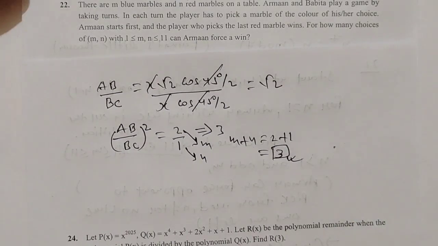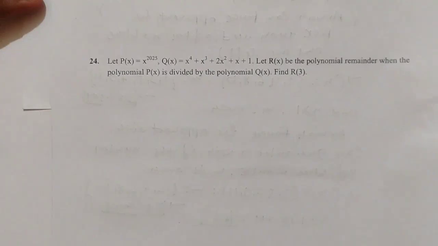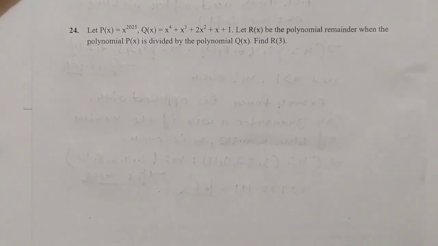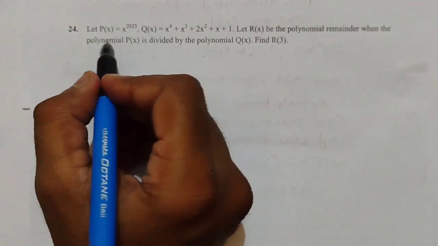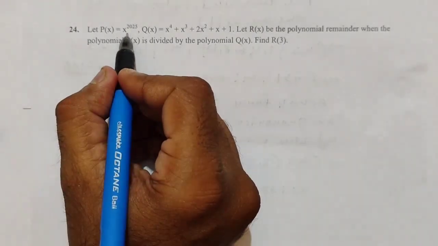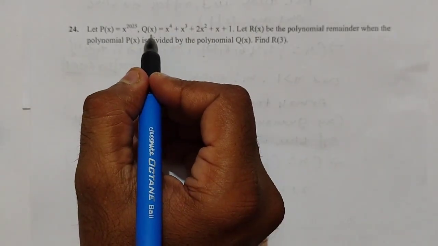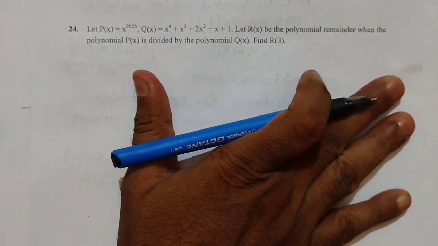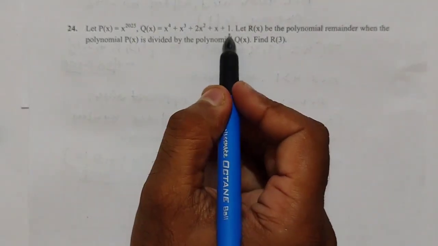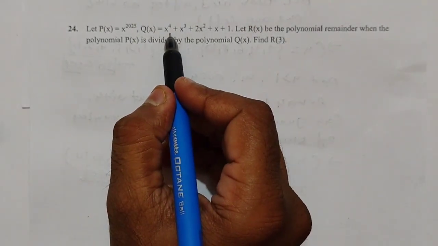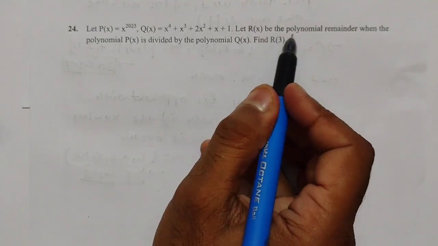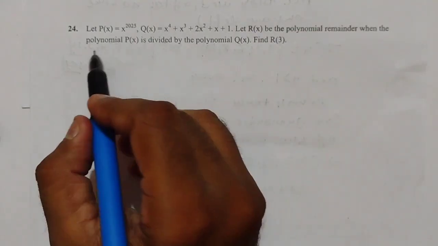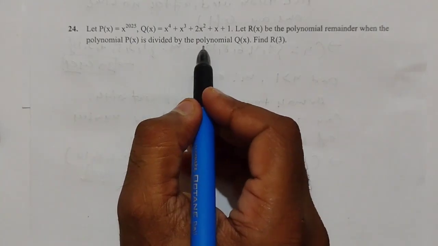Now we have problem number 24. In this problem we have p(x) equal to x to the power 2025 and q(x) equal to the given polynomial. This is a 4th degree polynomial. Let R(x) be the polynomial remainder when the polynomial p(x) is divided by the polynomial q(x).